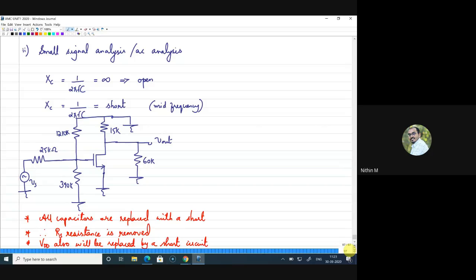DC we already considered. Second thing is, all the capacitors should be replaced by a short, assuming that at mid frequency the reactance offered by the capacitance is very, very small, and that resulted in the removal of the resistance RS. Right.